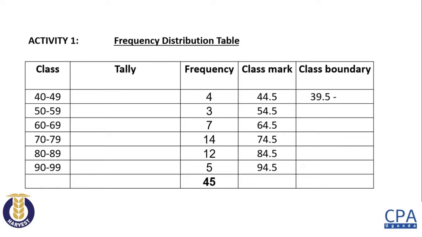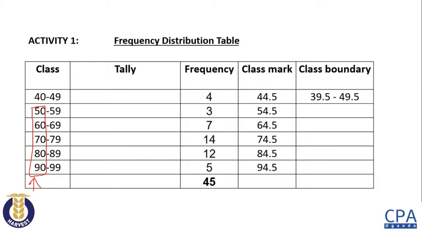For the upper class boundary, I take the upper class limit and add 0.5, and that is going to give me 49.5.